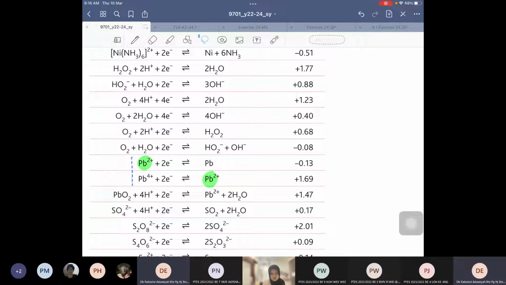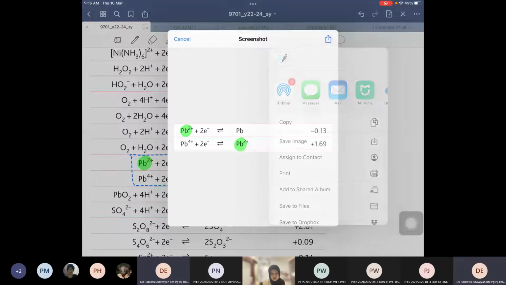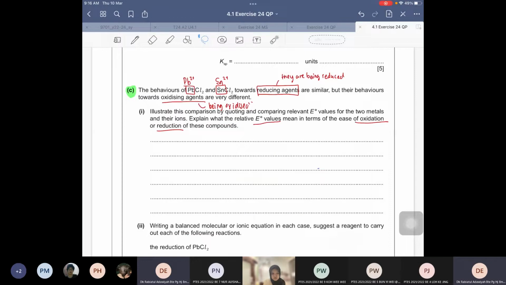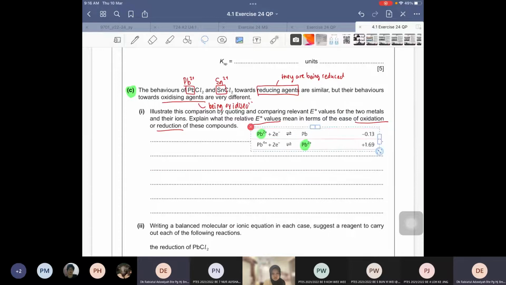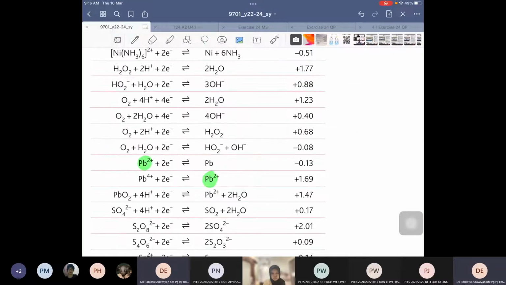So I need these two half equations because we're talking about both the ease of oxidation and the ease of reduction. Okay, so I'll have that somewhere here, maybe here, so I can have space. And the other one is Sn.